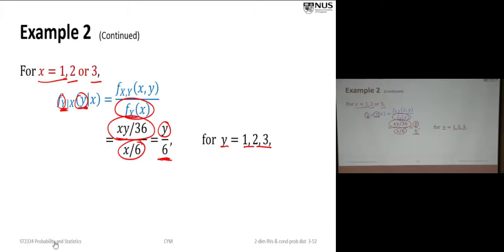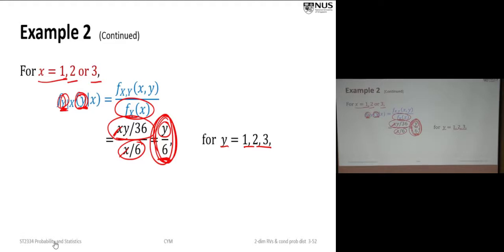Just now I kept telling you that this is a random variable of y, but the expression can involve x. But in this example, the x is not seen here. In other words, after you calculate the conditional distribution, some cancellation occurs and it does not depend on x anymore.